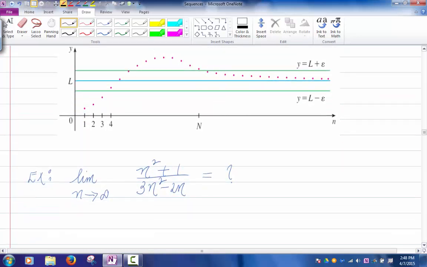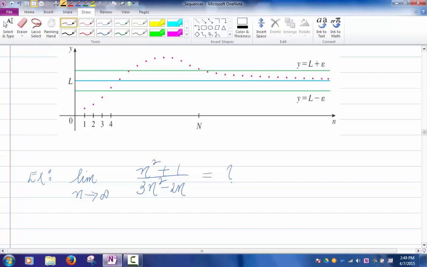More precisely, if you look at the graph, look at the limit L, and look at, let's say epsilon is a very tiny number. Look at L minus epsilon and L plus epsilon. So the green lines are horizontal lines at L plus epsilon and L minus epsilon, where epsilon is a very tiny number.